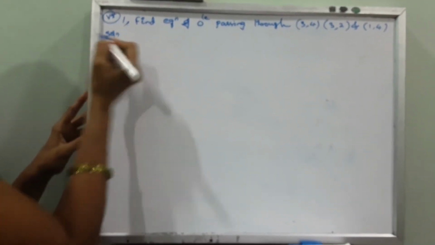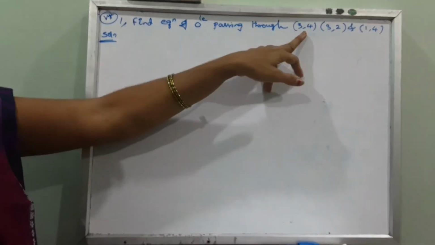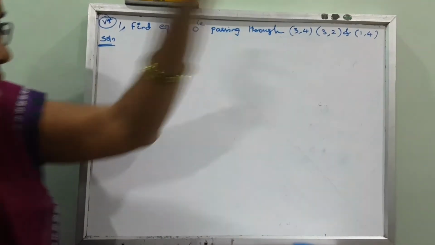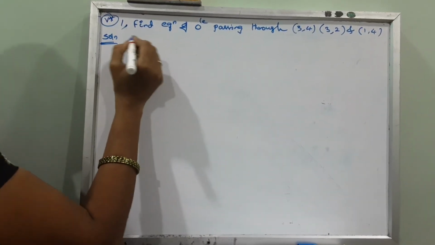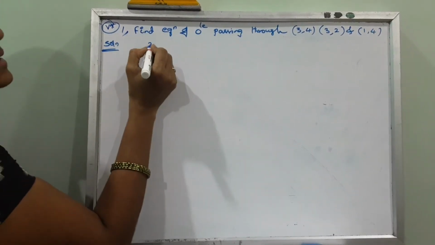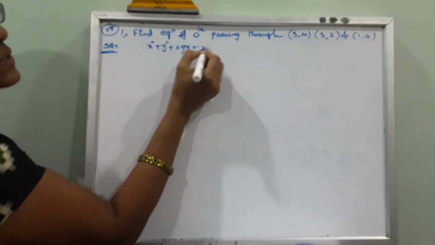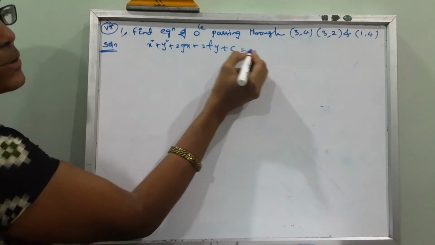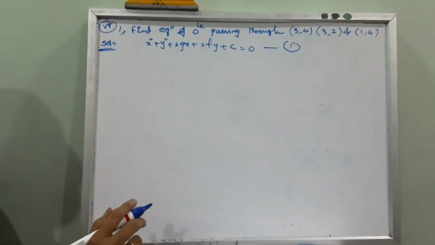Solution: find the equation of a circle passing through (3, 4), (3, 2) and (1, 4). Here the general equation of a circle is x square plus y square plus 2gx plus 2fy plus c is equal to 0. This is equation 1.